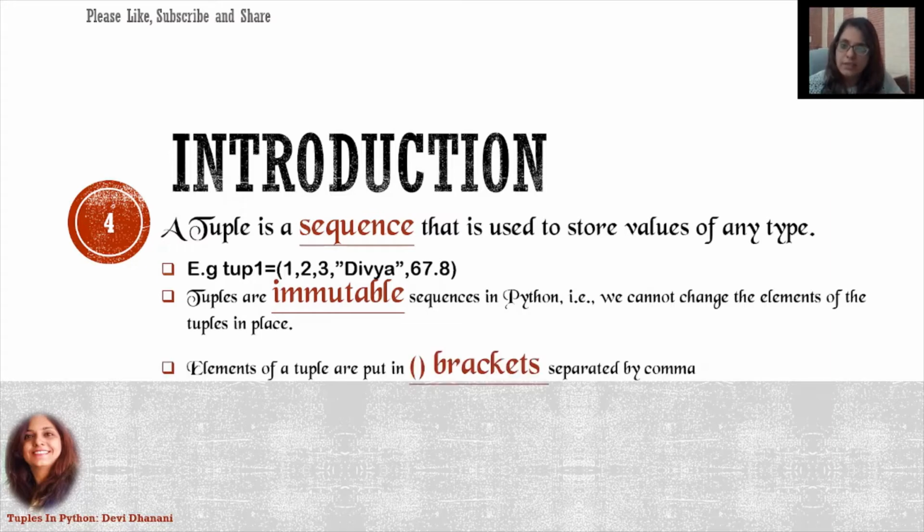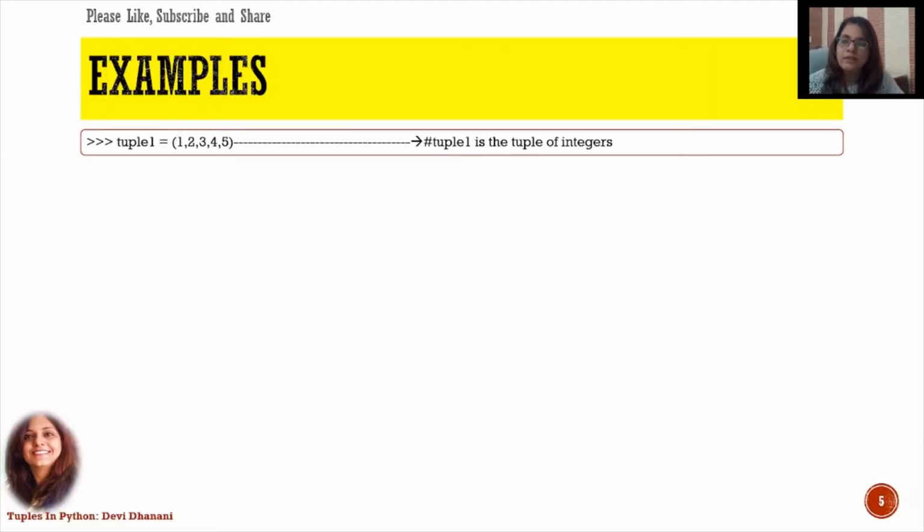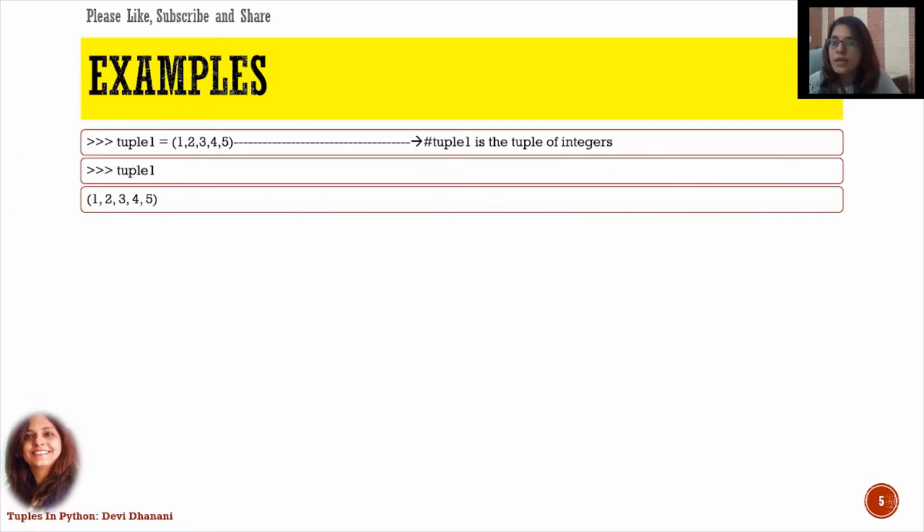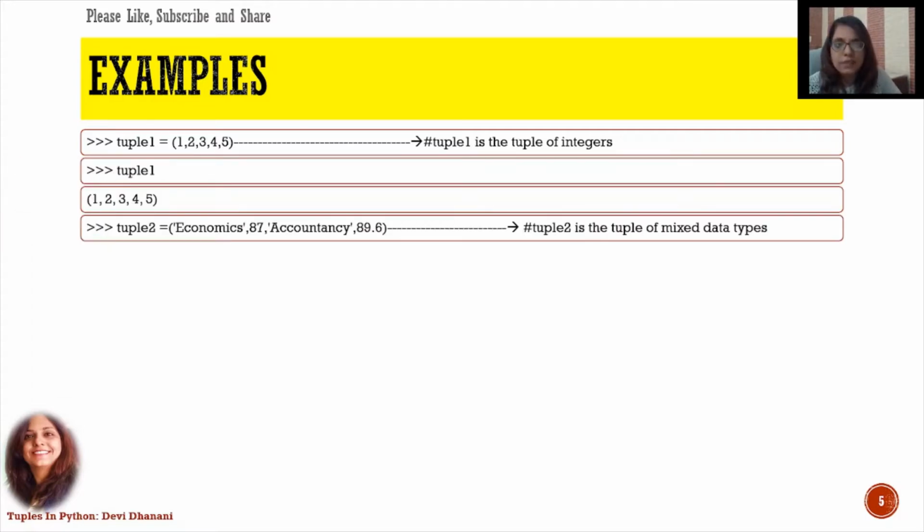As suggested earlier, elements of a tuple are put in round brackets. They are separated by comma. We can create tuples of different types. We can create tuples of integers. We can create a tuple of mixed data type. As you can see, we can take a string value, we can take an integer, or we can also take a float.